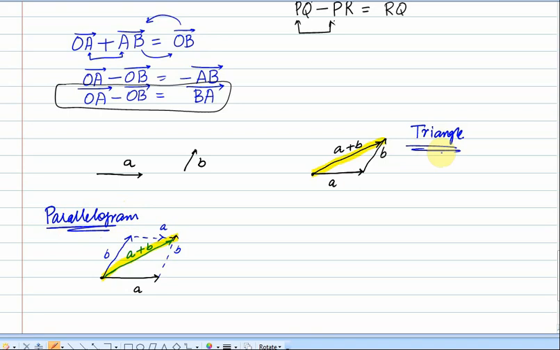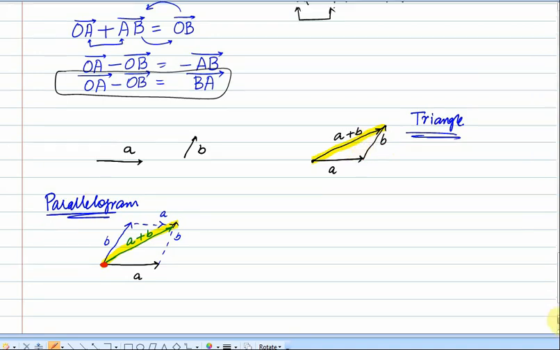Triangle law of vector addition and parallelogram law of vector addition. So in parallelogram law, what was the important point? That both vectors are starting at the same point. And in triangle law, the second vector starts from the head of the first vector, right?